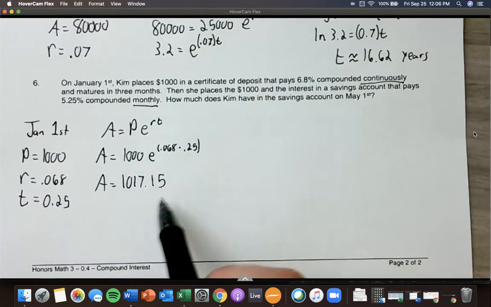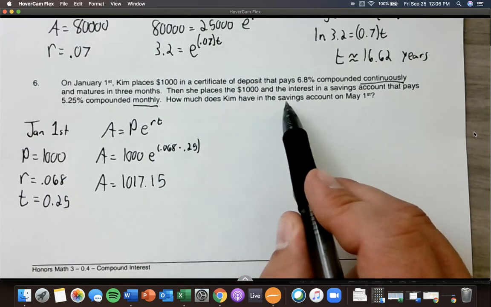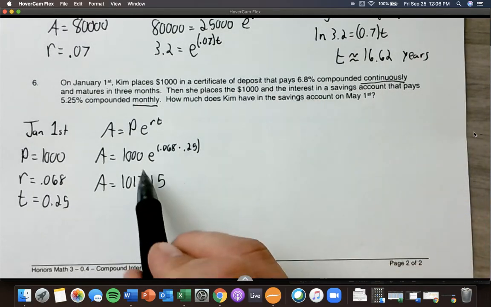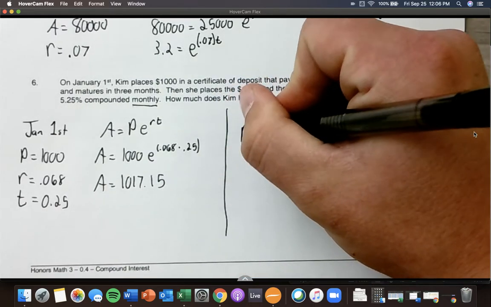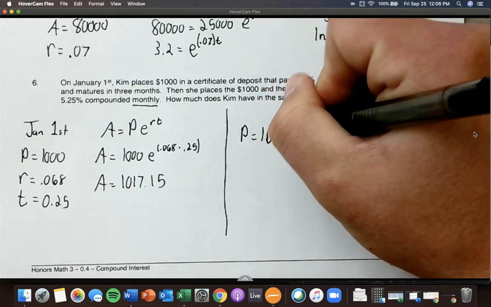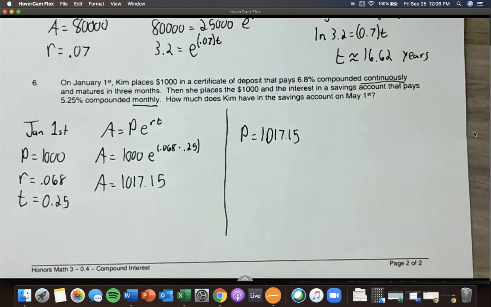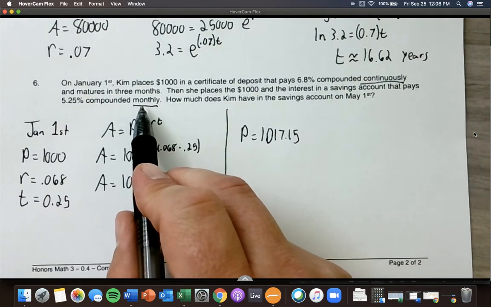Right now, she's going to take that. She places the 1,000 and the interest in a savings account. So she's taking how much she made and she's going to put it as the principal in the next account. Right, so in this one, it's compounded monthly.